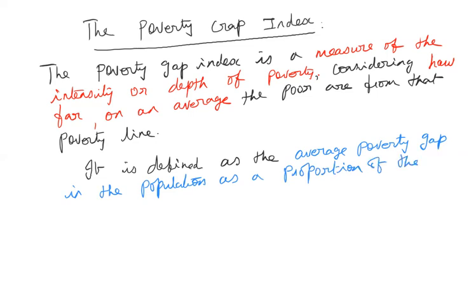See, this is the formula. The same formula is being given in the form of sentences, proportion of the poverty line. So the same thing I'm writing in the form of a formula.